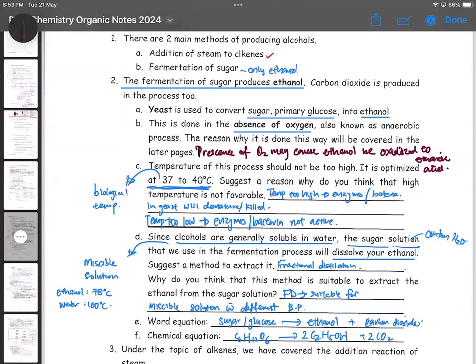So if it gets oxidized to this, in the form of alcoholic drinks, it may turn the drink sour because of the presence of ethanoic acid. It may cause drinks like wine and so on to be sour. Just put a note there.